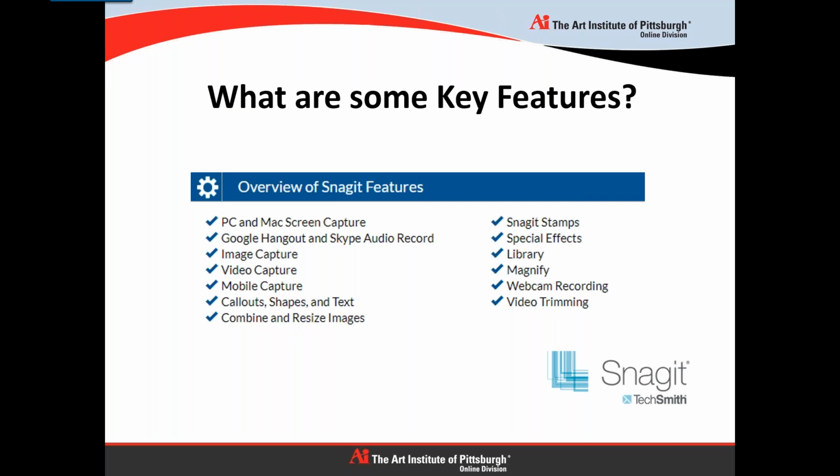The markup capability in that tool is a little bit less, and frankly the new version of Snagit has me sold on perhaps using this particular tool more so than that one because of some of the markup or callout capabilities. You can combine and resize images. It has some stamps that are interesting and watermarks. It does some special effects that I wouldn't call extremely special, but they're there.